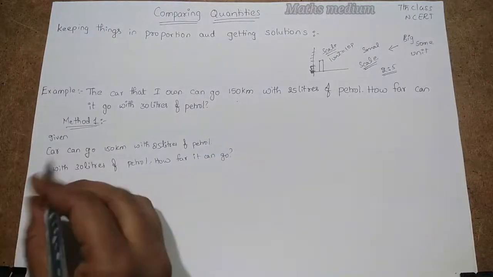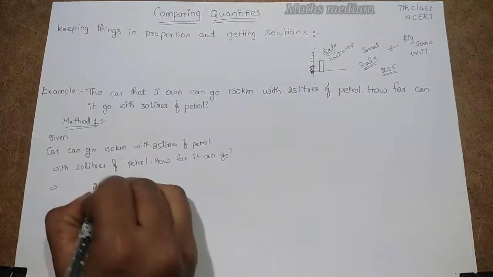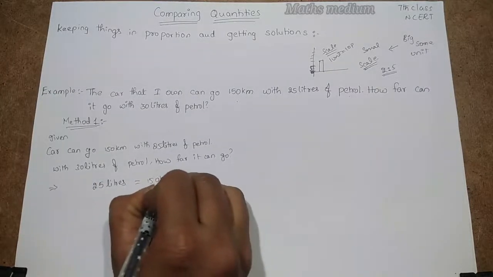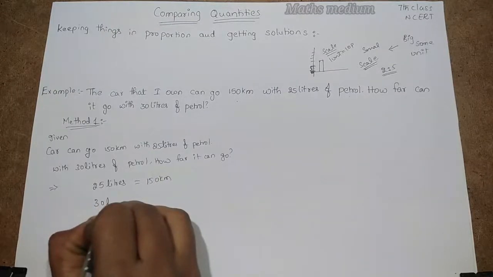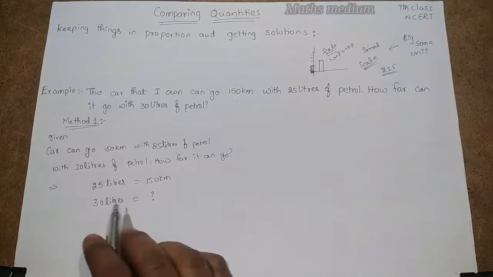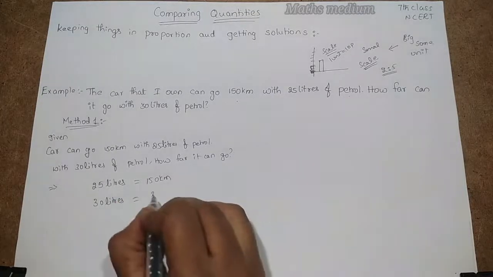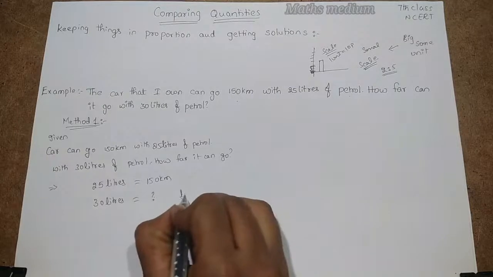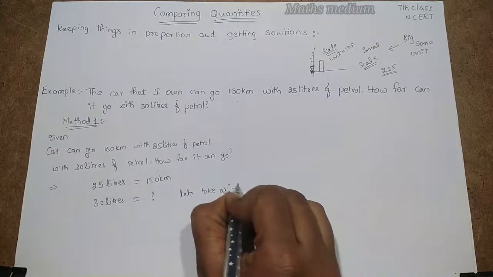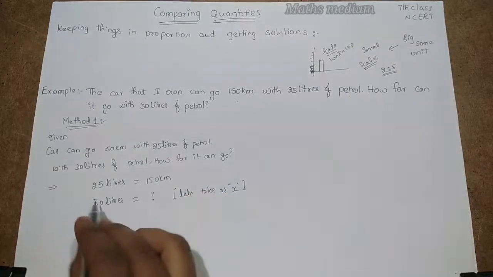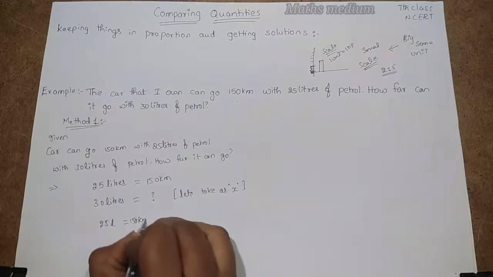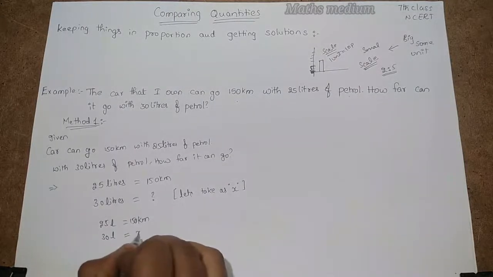So now, 25 liters of petrol is equal to 150 kilometers. Now 30 liters of petrol, how many kilometers? Let's take this kilometers as x. Now 25 liters is equal to 150 km, 30 liters is equal to x.